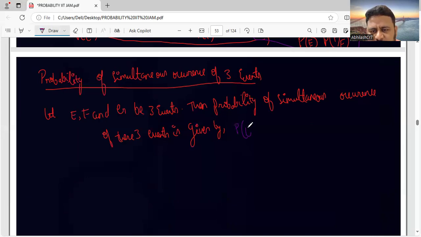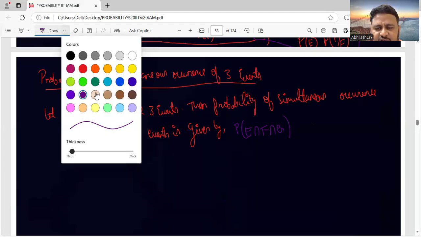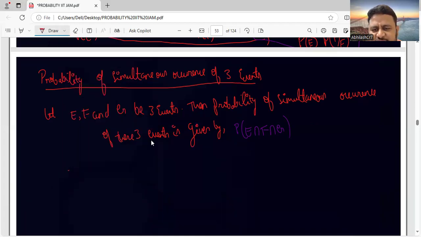the probability of E intersection F for two events. For three events, it is E intersection F, F intersection G, that is, what is common between E, F, and G. So how do we find this one?